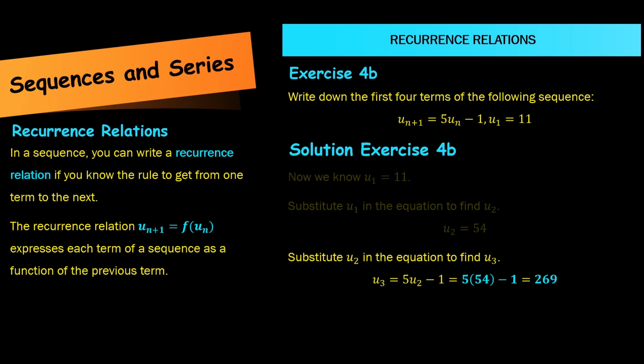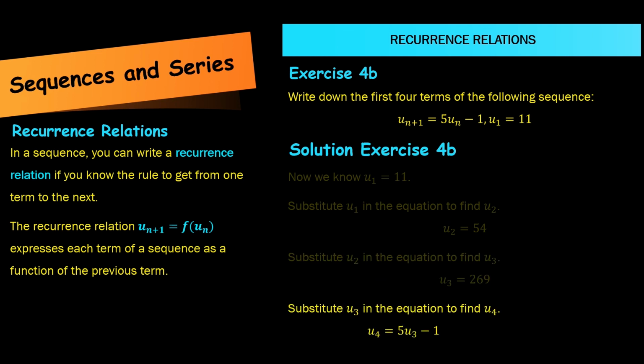And finally, to obtain u4, we plug in n equal to 3 in the recurrence relation to give us u4 equals 5u3 minus 1. And plugging in the value for u3, which is 269, gives us that u4 equals 1344.